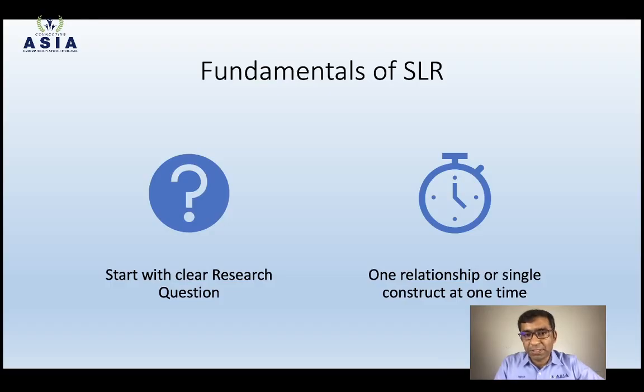Okay, so these are the limitations of the systematic literature review process. Clear? I hope everyone understands this concept. So start your research question, ask yourself a research question which you are interested to find out, and do not include many variables, just one variable or maybe one relationship for the basics of systematic literature review.